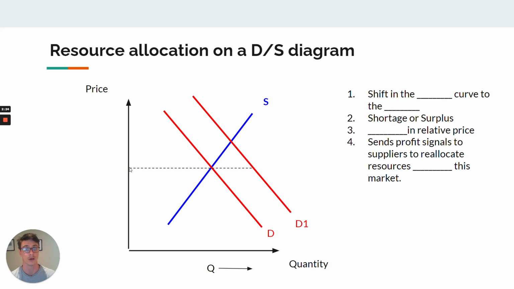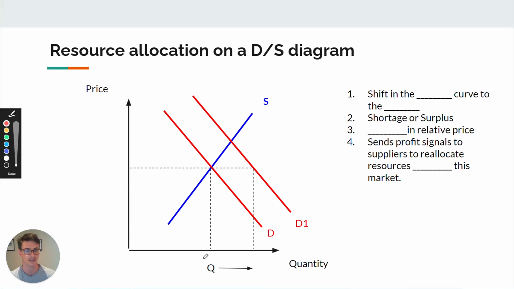So we're going to draw a line from the current equilibrium price, which should have been labelled, naughty me, across and work out where we intersect with the supply curve, the original supply curve, and the new demand curve, D1. If we trace this down, quantity supplied is here, and quantity demanded is over here. So again, this will mean that quantity demanded is greater than quantity supplied, which means we have a shortage.